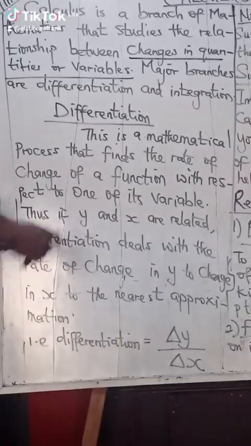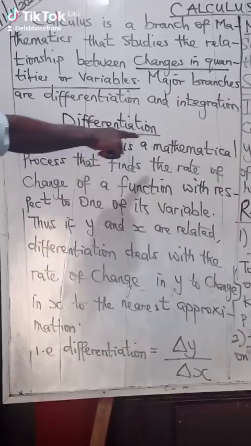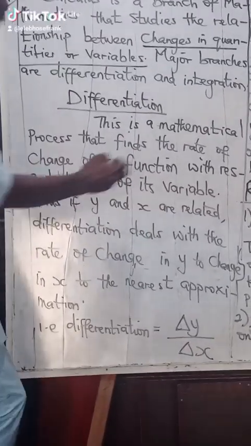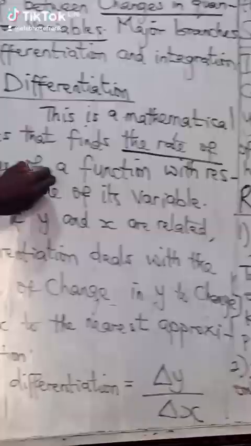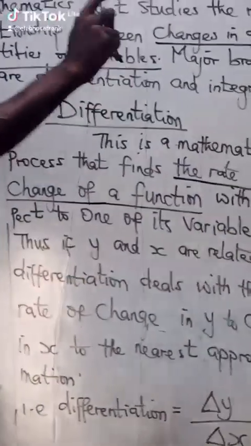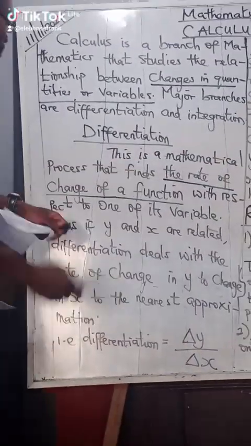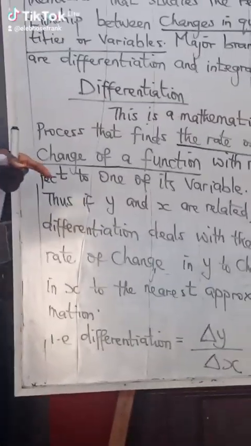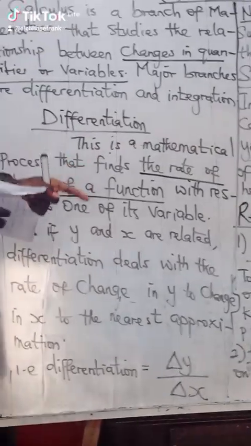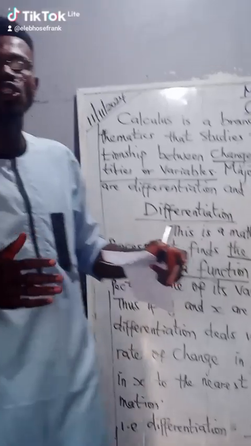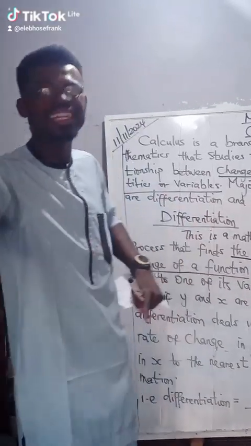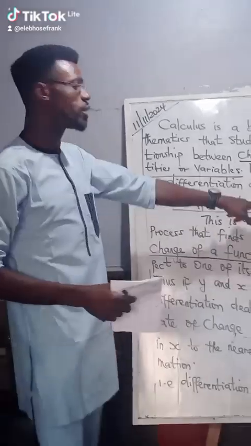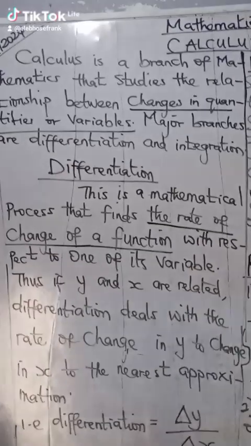So let's move on. Differentiation is a mathematical process that finds the rate of change of a function with respect to one of its variables. A mathematical process that finds the rate of change of a function with respect to one of its variables is what we refer to as differentiation.